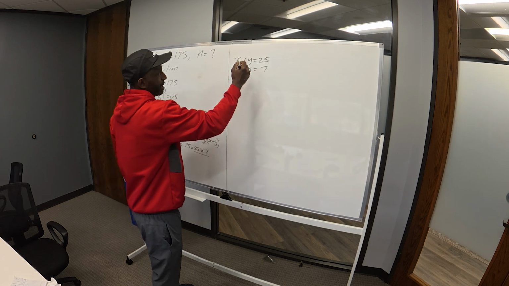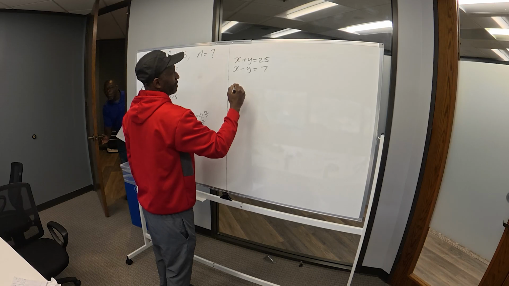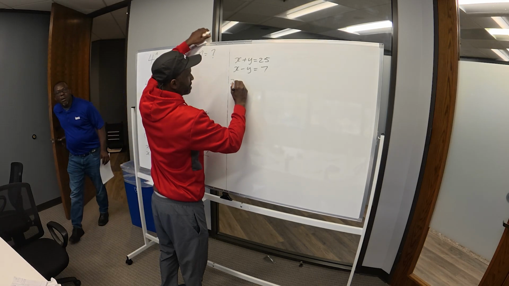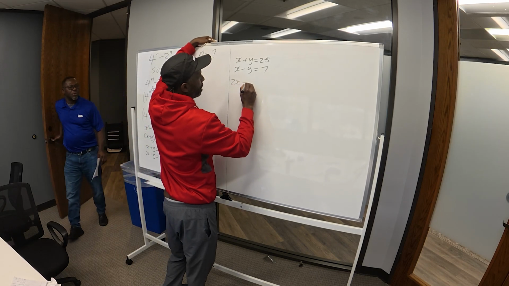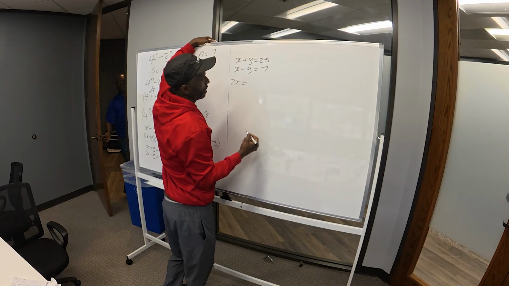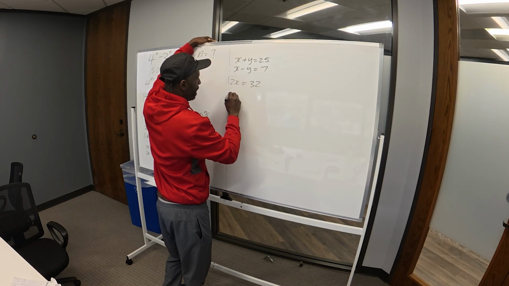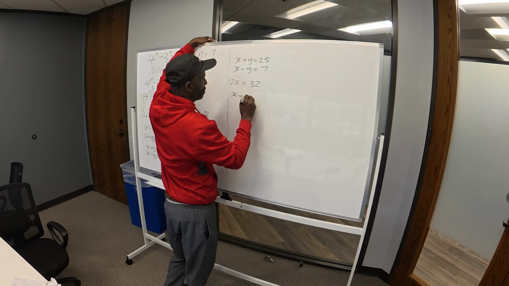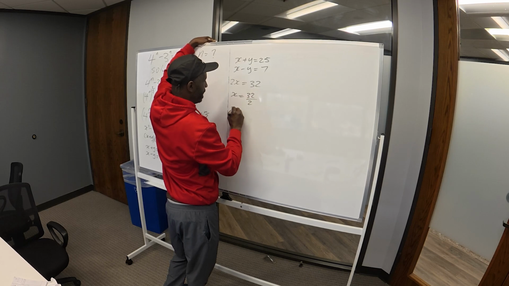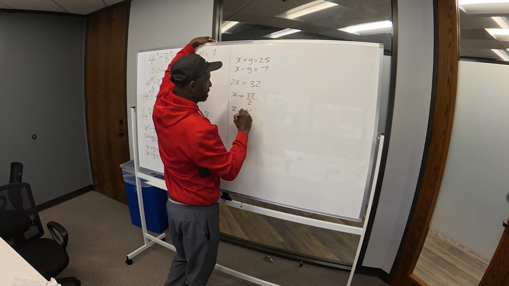If we add these, we have 2x equal to 7 plus 25, which becomes 32. Therefore, x is equal to 32 divided by 2, so x is equal to 16.